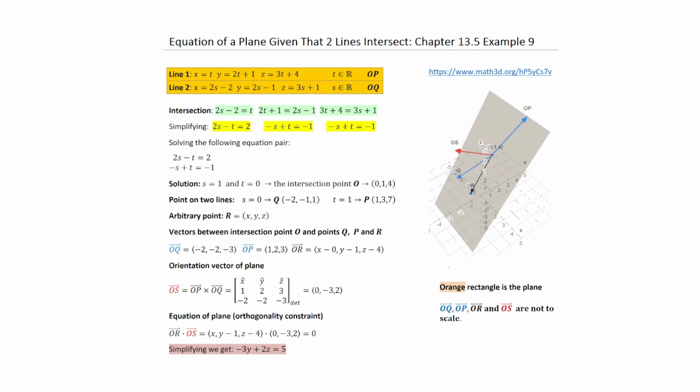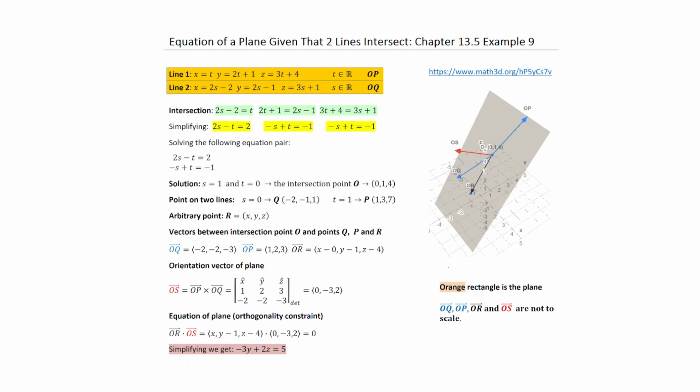And for the second line, just choose an arbitrary value t equals 1, and you end up with a point P, 1, 3, and 7. All right, and now we also create an arbitrary point R at some arbitrary location x, y, z. This is the one which we'll be using to establish the equation of the plane.